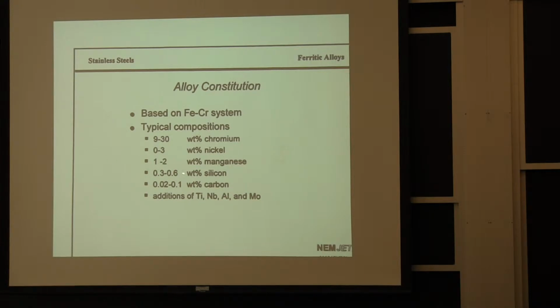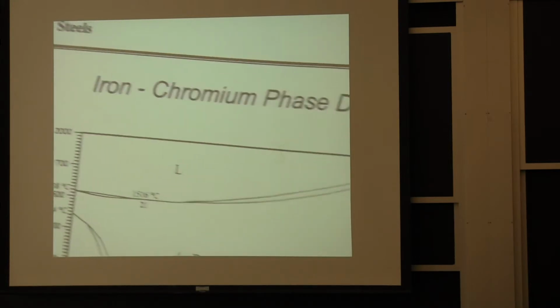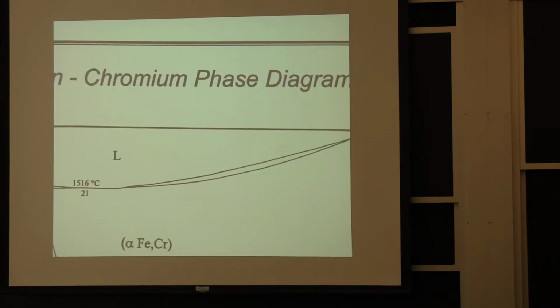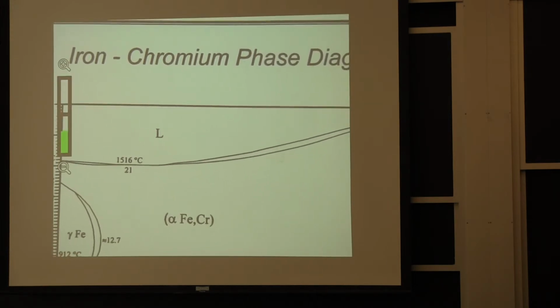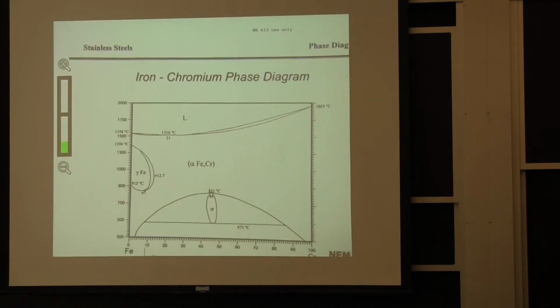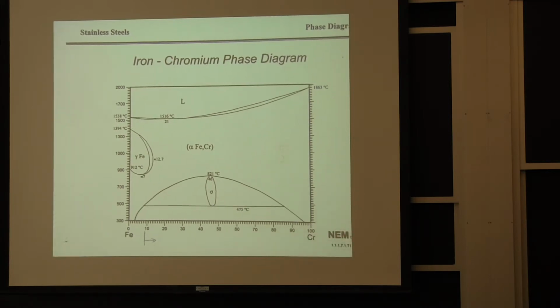They also have a pretty big range of typical compositions, depending on what the alloy is going to be used for. The more alloying element you put in it, the more expensive it is. So you end up with a wide variety of compositions in all of these alloys.